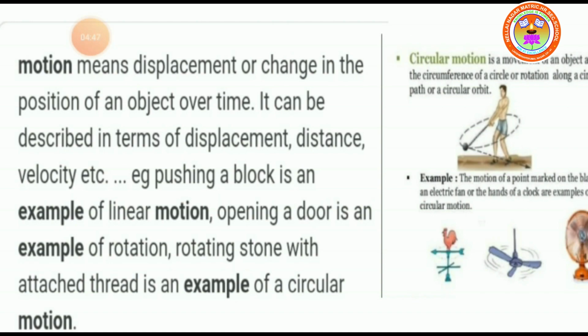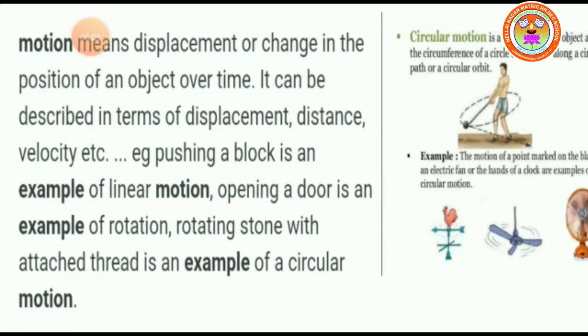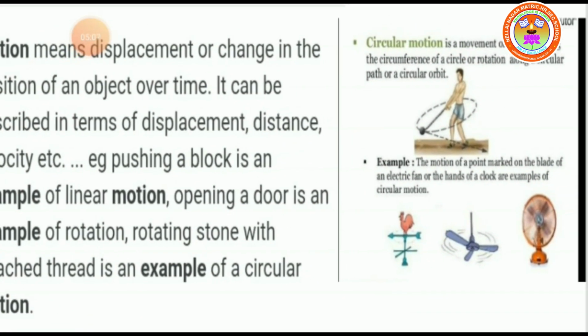You will be studying this very clearly in higher classes. Example: pushing a block is an example of linear motion. Opening a door is an example of rotation. A rotating stone with attached thread is an example of, very good children, circular motion.